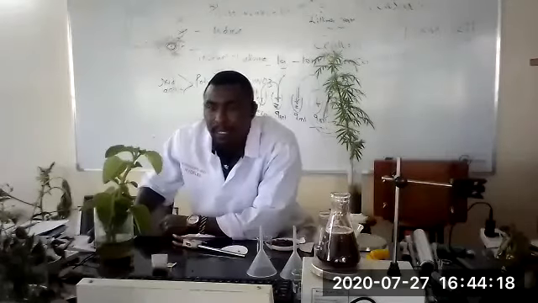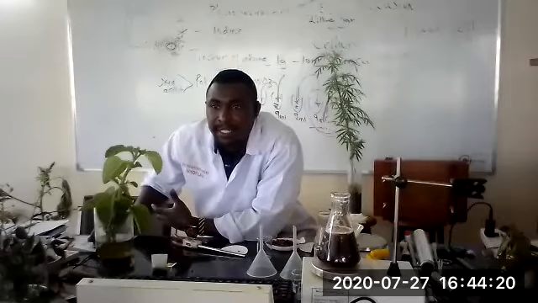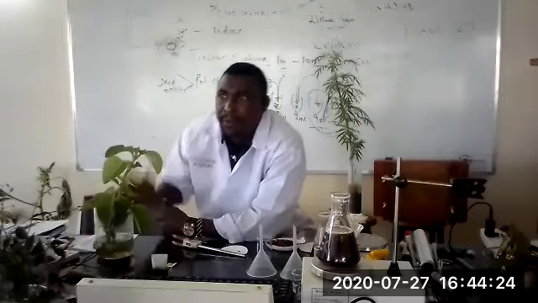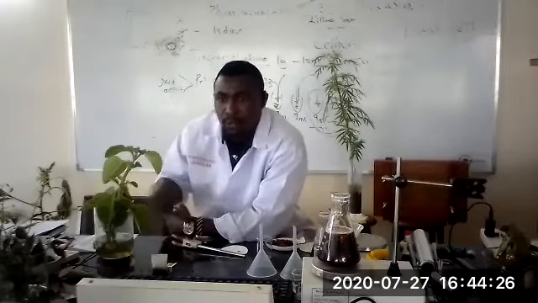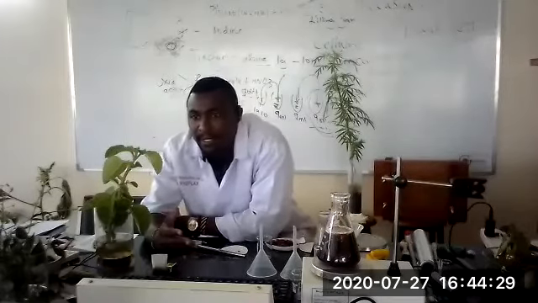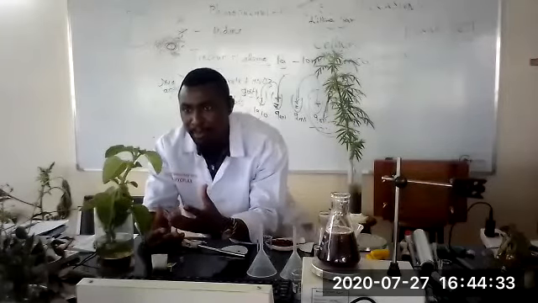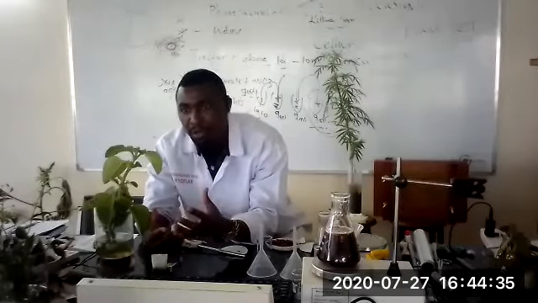So let's proceed to the next experiment, the maceration process. So what is this maceration process? To carry out maceration, the plant material is placed in pieces or powder, depending on the convenience.